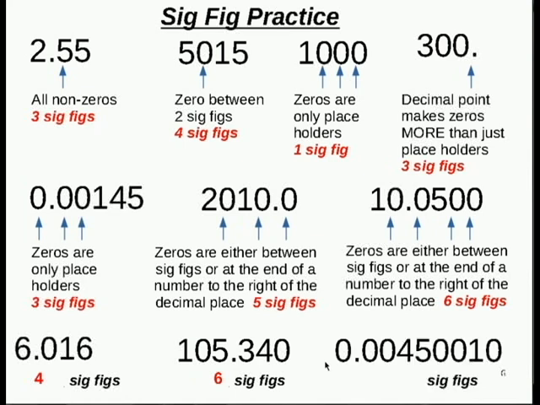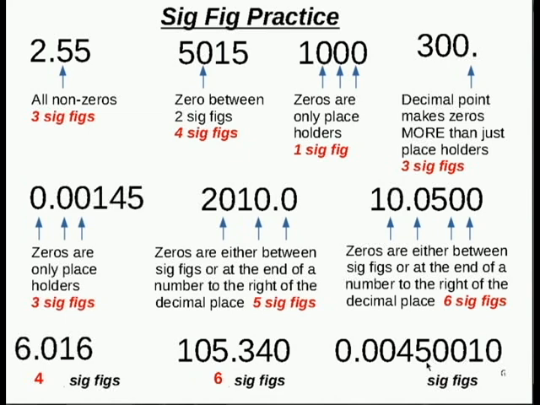Ooh, this is a big one. Okay, these three zeros here are not significant. If I were to put this number in scientific notation, move this decimal place over, I would say 4.50010 times 10 to the negative third, right? These zeros would disappear. So that tells me that they're not significant. They're only placeholding.